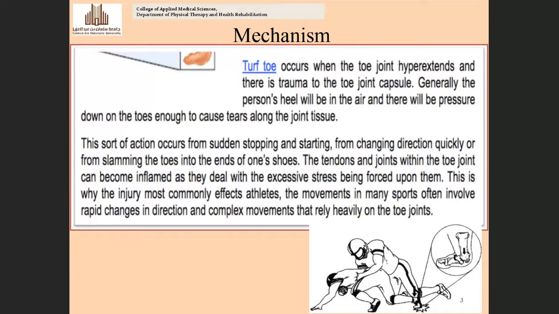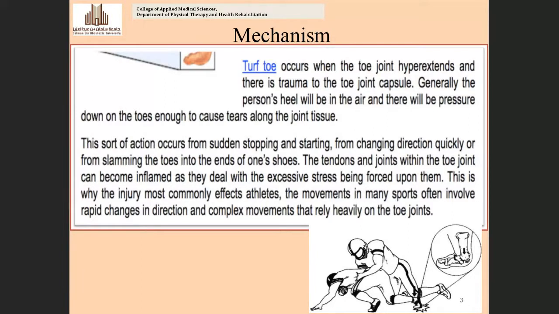Turf toe occurs when the joint hyperextends and there is trauma to the joint capsule, right? You know about the joint capsule. The capsule is the covering of a joint, right? If you take any synovial joint, you can find a capsule. Inside the capsule you have the synovial fluid and synovial membrane, and you have articular cartilage.